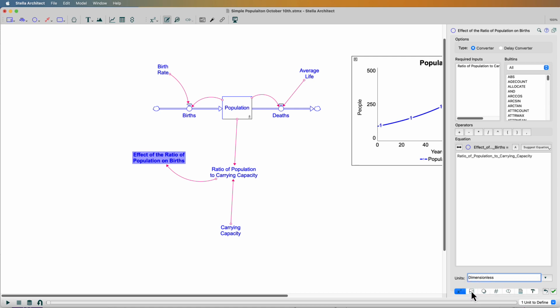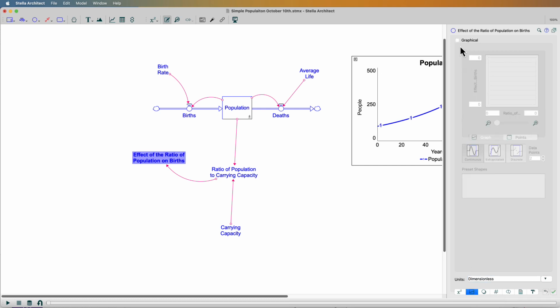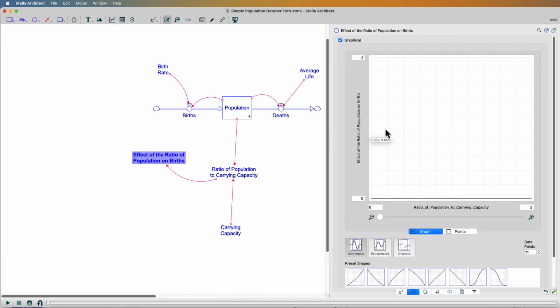And I'm going to click on this graphical function here, and this is what's new. I'm going to click on the graphical function. I'm going to click on a graph, and as a default, it's going to give me this. And so this is a nonlinearity. This ratio is going to be the input, and I can have changing outputs based on these changing inputs. And I'm going to say we have a hard carrying capacity.